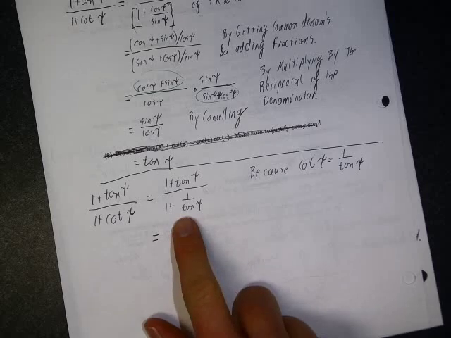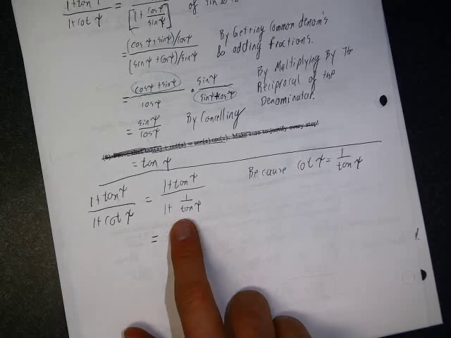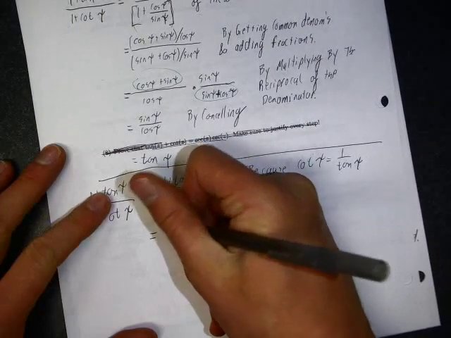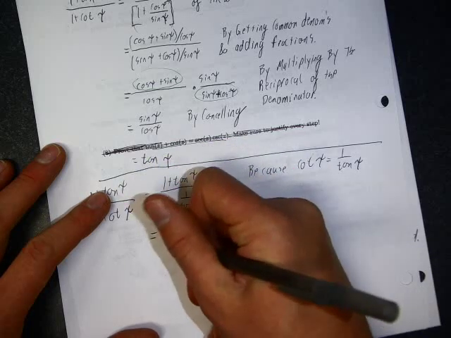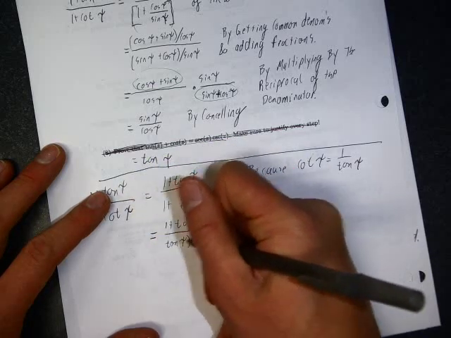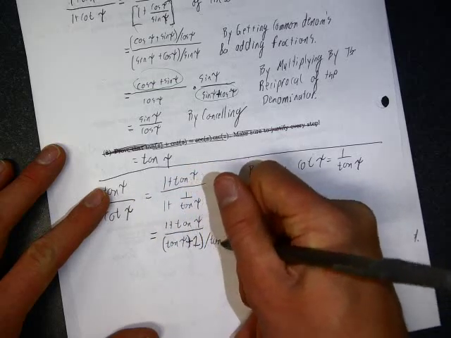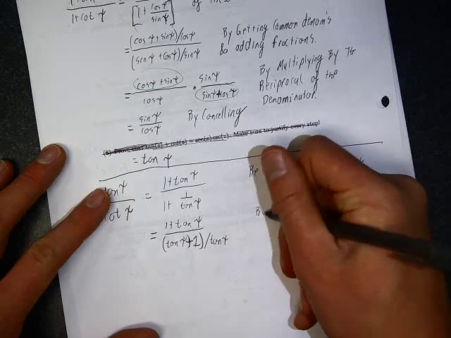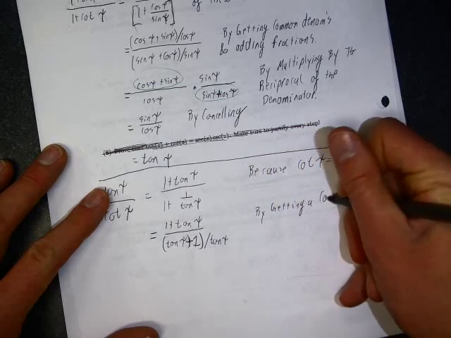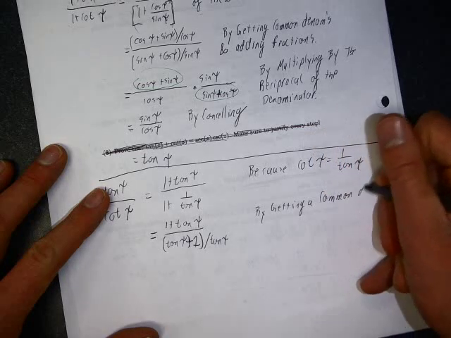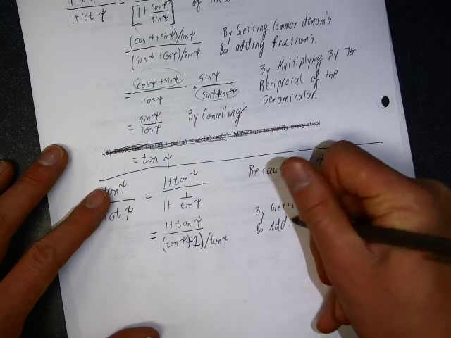In the denominator, I see a 1 plus a fraction. Get a common denominator, add those fractions. Get 1 plus tangent psi divided by tangent psi plus 1 all over tangent psi, by getting a common denominator and adding fractions.